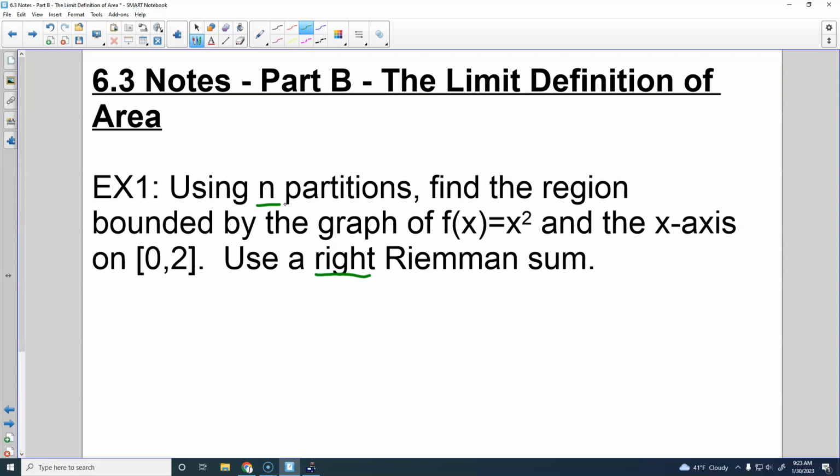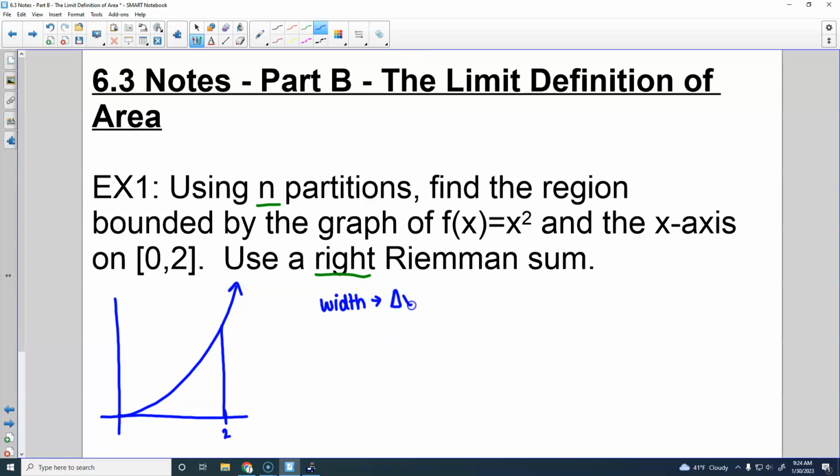So what we are going to do is set it up basically like we did before. We're still looking at that same graph of x squared from 0 to 2. Okay, so the width of each rectangle, which a lot of times they'll call delta x.